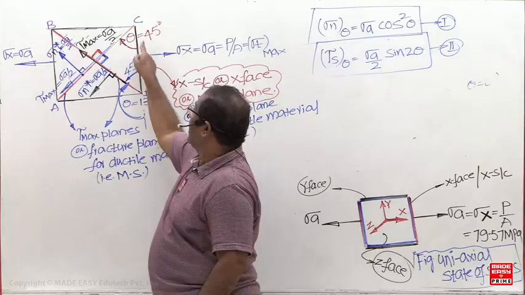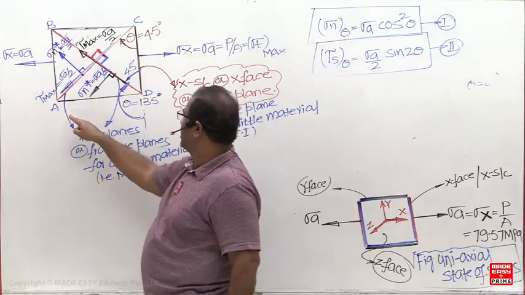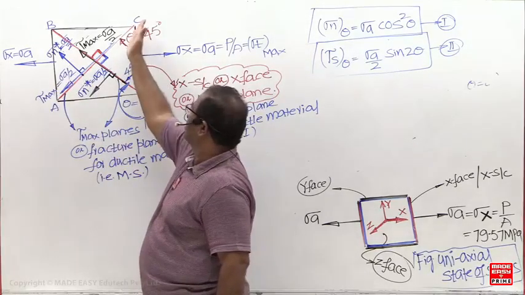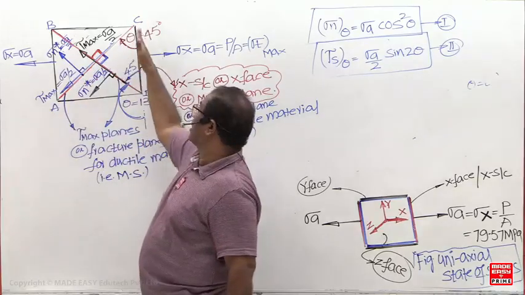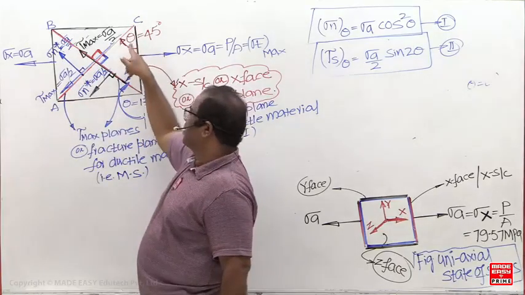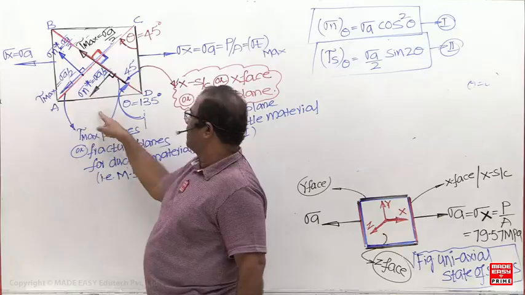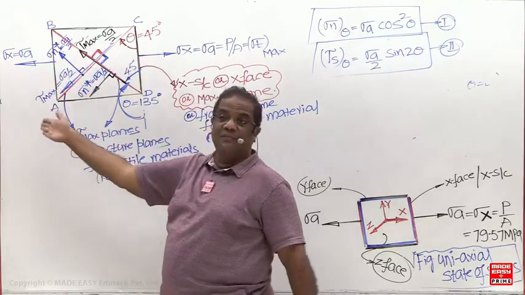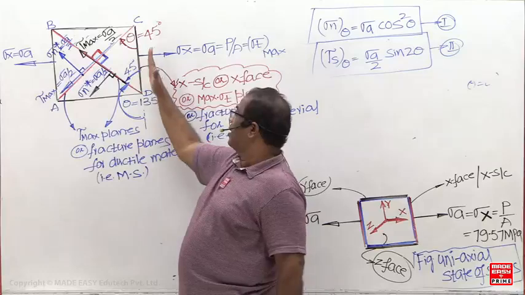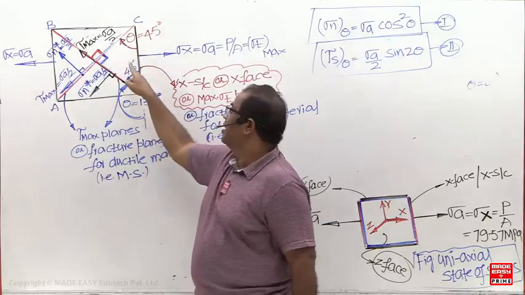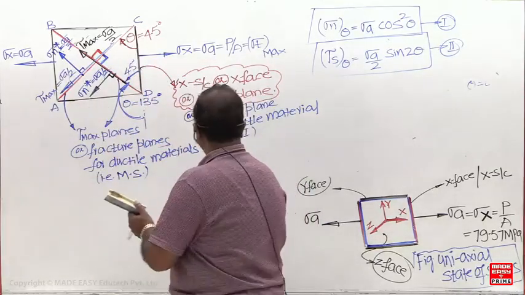Now first you draw the equilibrium of this triangle. Consider this plane. At what angle is it to the cross section? This is the cross section, 45 degrees. This plane is making an angle of theta from the cross section X face. First you draw this triangle.